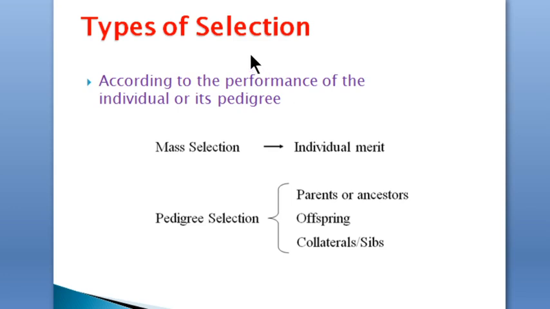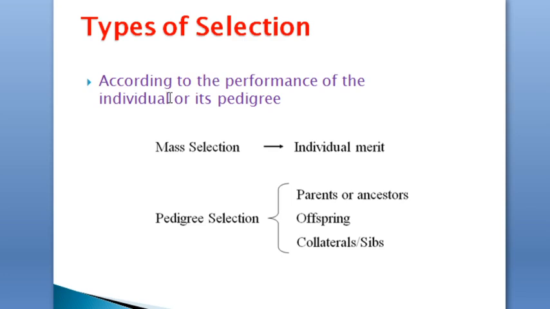There are two types of selection identified based on the performance of the individual or its pedigree, or the direction of the trait or the mean of the character under selection.